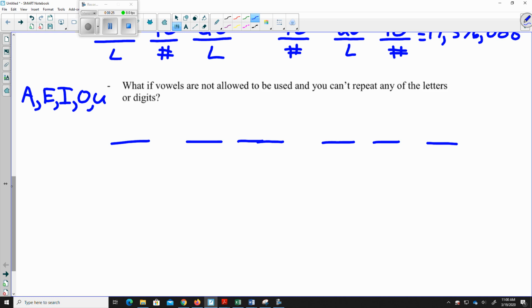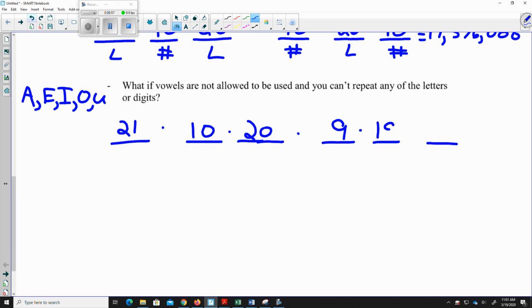So I have 5 letters that I can't use. So that means I have 25 choices for my first letter. Oh, sorry, whoa, that's wrong. 26 take away 5 is 21. I had that 5 in my brain. So there's 21 choices. Now I have 10 for my first number. Now I've used a letter, so I don't have 21 choices for the next one. I have 20. And then I've used a number, so I only have 9 choices left there.